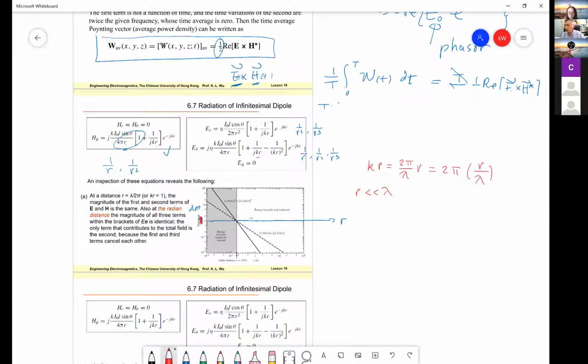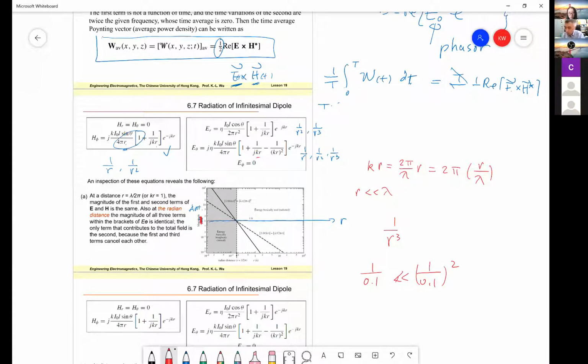If R over wavelength is much smaller than 1, which component is dominant? Of course, the high order terms dominate. You can check: one is 0.1, one is 0.1 squared. Which one is larger? Of course, the first is much larger than the second.